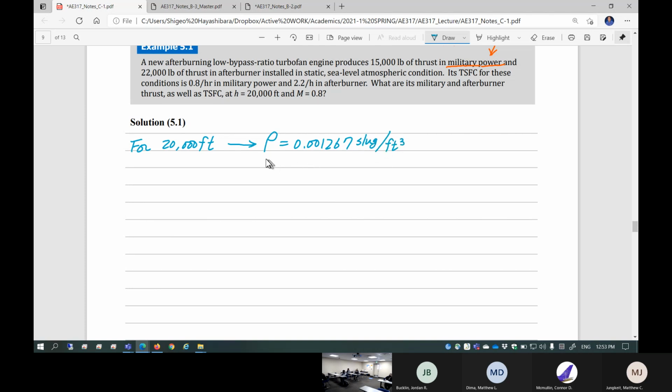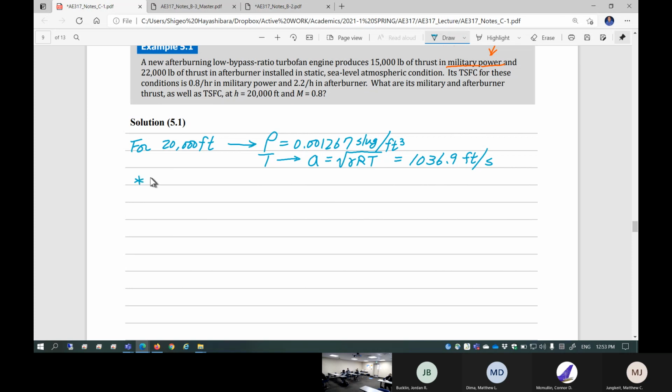And then based on the temperature at 20,000 feet, you're going to compute the speed of sound, which is the square root of gamma R T. If you plug in gamma, R, and T as temperature, this is going to be 1,036.9 feet per second. So this is the speed of sound at the standard 20,000 feet altitude.